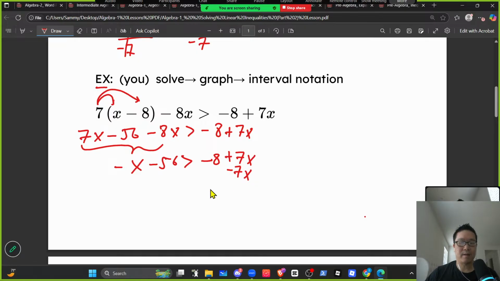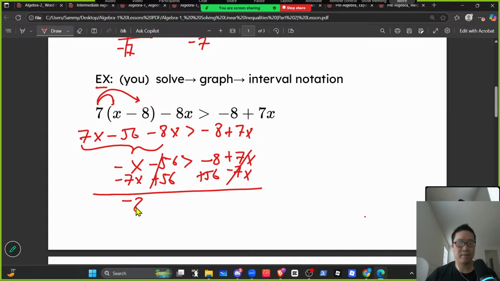We're going to subtract 7x from both sides and add 56 to both sides. When we do that, we get negative 8x greater than 48. Divide both sides by negative 8.